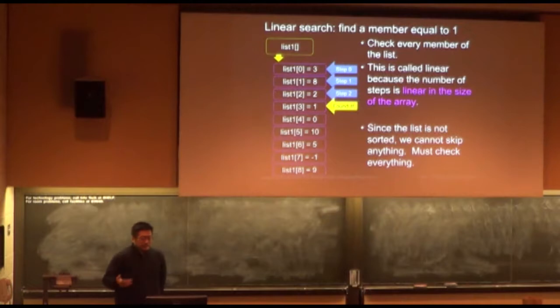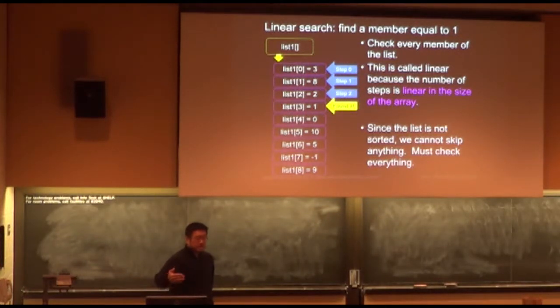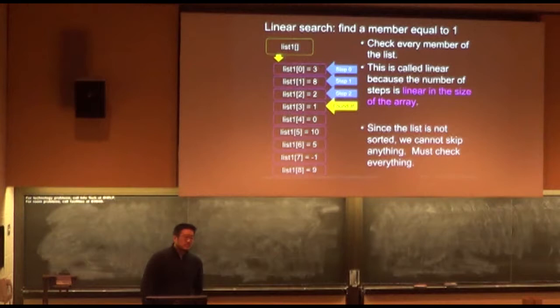So the way linear search operates is that it is simply a loop that examines each member of the array to identify a member that's equal to 1. So imagine that we have a for loop for i equal to 0, i less than list1.length, i++. If list1[i] is equal to 1, return the current index, otherwise continue.